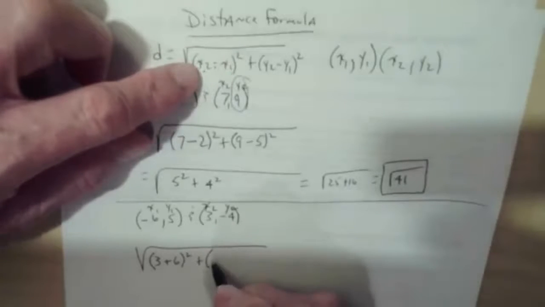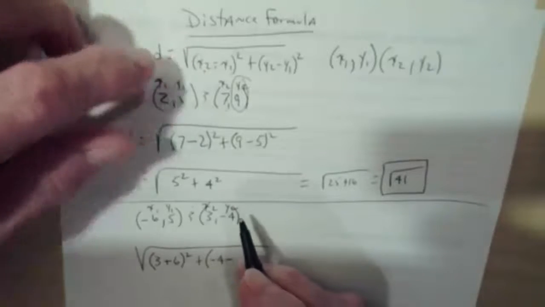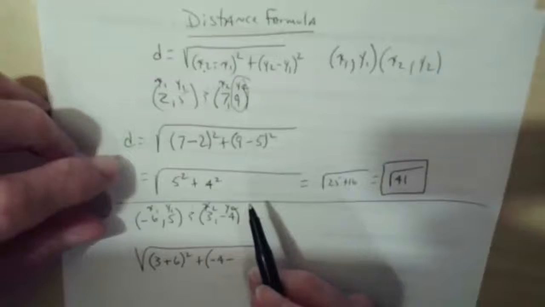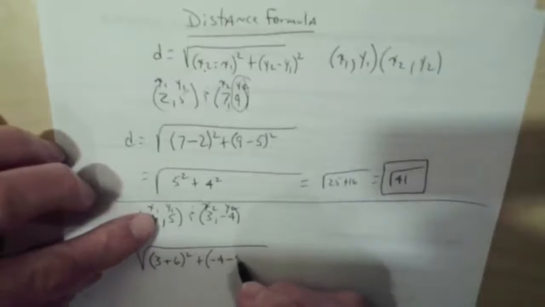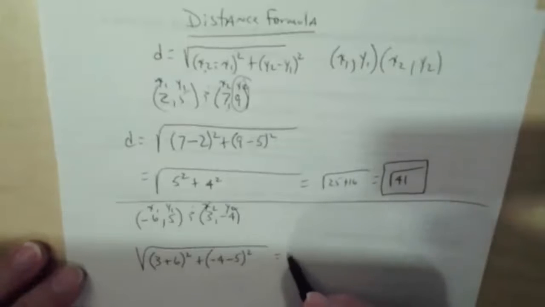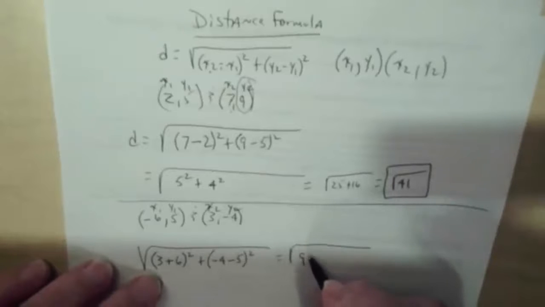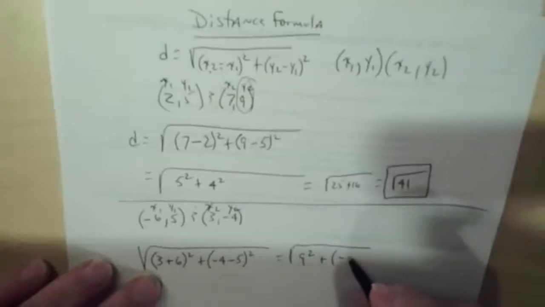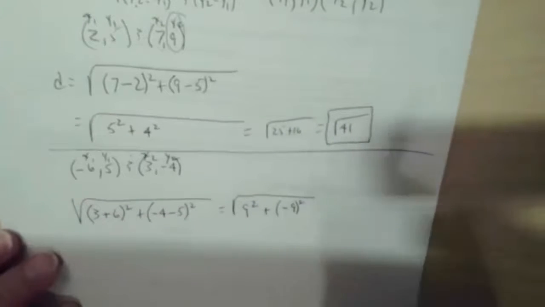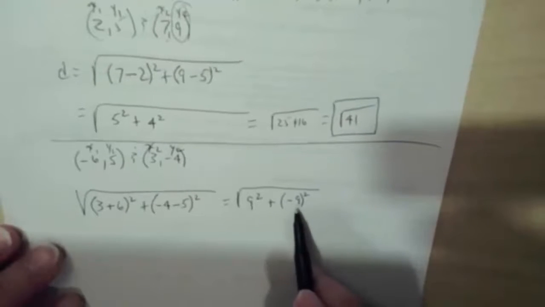Plus y2 is -4, minus y1, which is 5, closed and squared. Now this is going to equal the square root of 9 squared plus (-9) squared. Now remember, when it's in parentheses like that, this will come out to be a positive number.